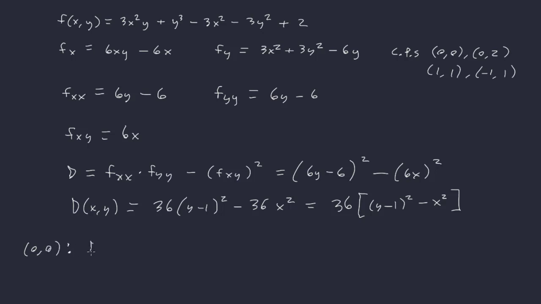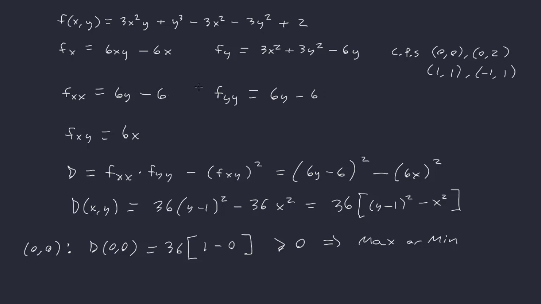So for 0, 0, D of 0, 0 is going to be 36 times negative 1 squared, so 1, minus 0. So that's going to be positive, which means we have a max or a min. Now we just need to figure out which one it is.